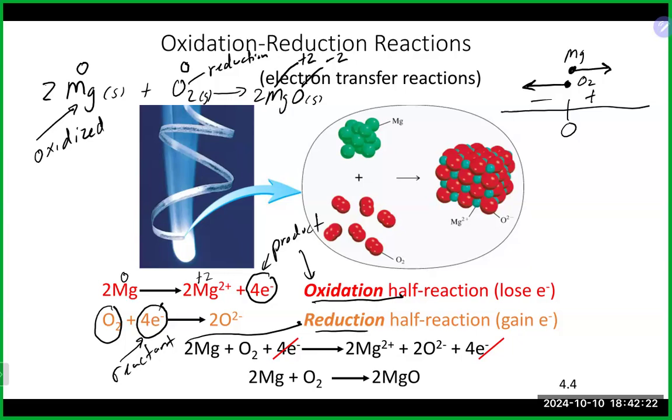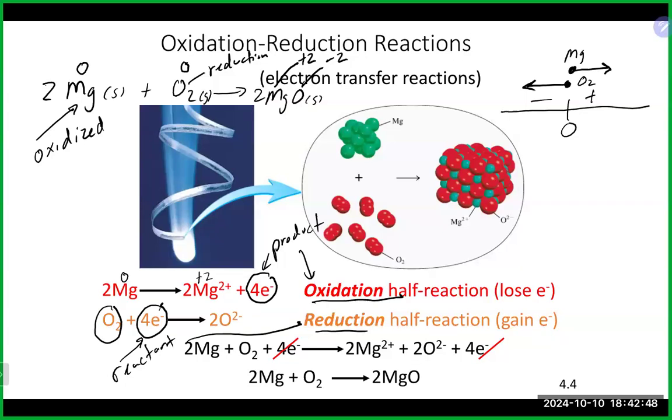However many electrons the metal loses, for example, or the species being oxidized loses, is the exact amount of electrons that whatever's being reduced will gain in this case. That's because we have 2 oxygens, right? And each oxygen will end up at a -2 charge, which means each oxygen gained 2 electrons, and 2 of them will give you the 4 electrons it needs from the magnesium to be gained.